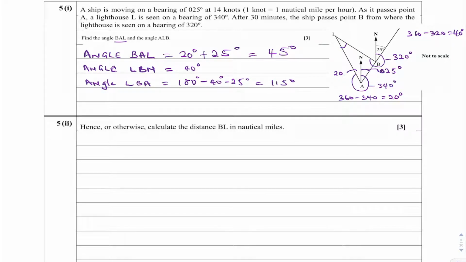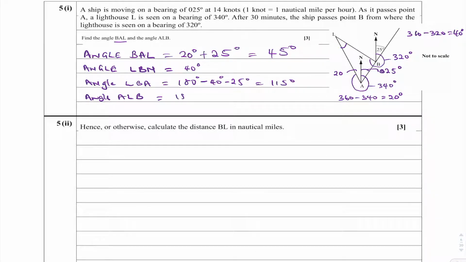So the angle LBA is 115 degrees. Now to find angle ALB, we need to take away from 180.